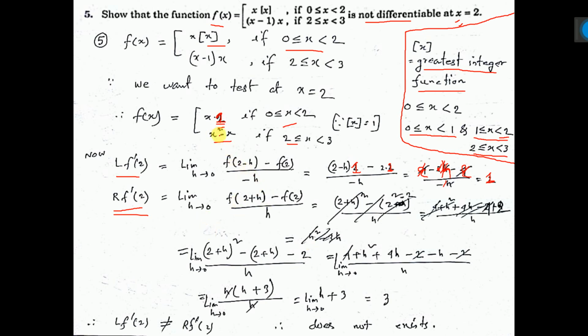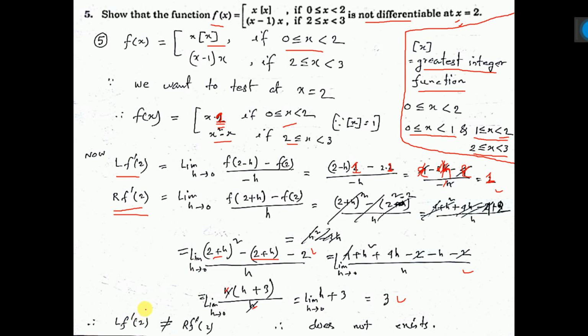So (2 + h)² − (2 + h), put here. Then f(2) means 2² − 2, that is 4 − 2, that is 2. Put that here, then do the calculation, and with h equal to 0 you are getting 3. So there you got 1 and here you are getting 3.